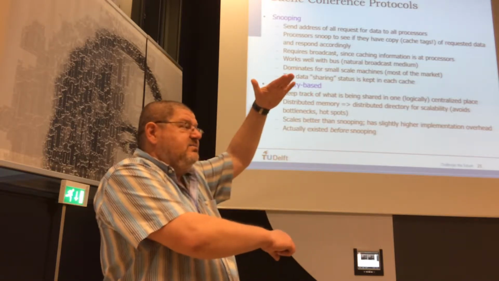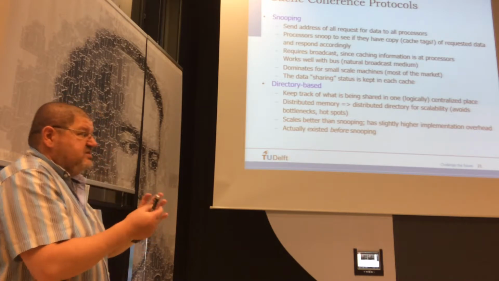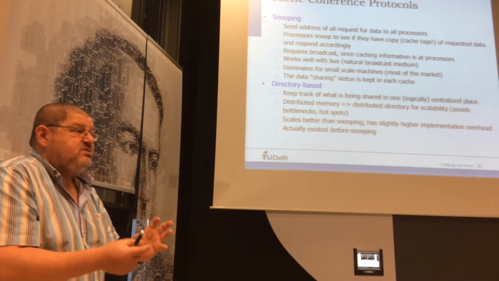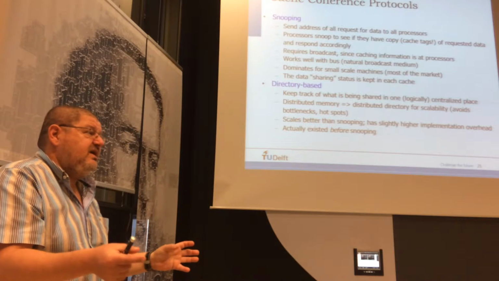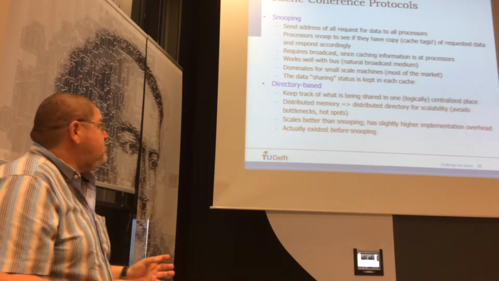Then you should make a wider bus, but this will cost you more. Okay? And you may get to situations where the bus traffic is actually increased in an artificial way due to that kind of synchronization.